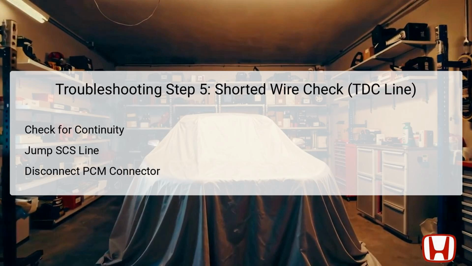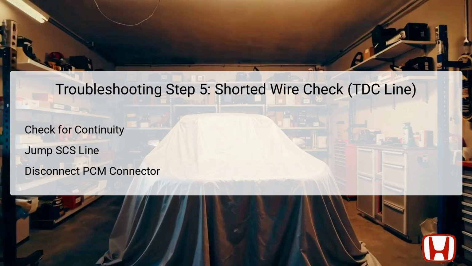In this troubleshooting step, the objective is to verify whether there is a short in the TDC line. Start by turning off the ignition and utilizing the HDS to jump the SCS line. This action prepares the system for further testing without interference. After jumping, disconnect the PCM connector B to isolate the system.